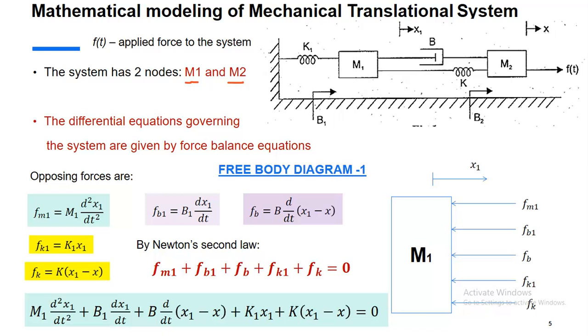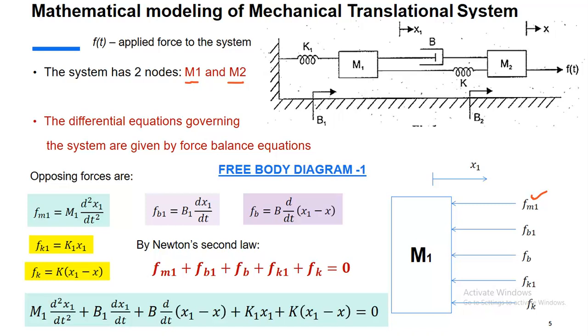For this particular mass, you have to consider all the elements which are connected with this mass. So you have M1, which will oppose some force, represented by F M1. All the opposing forces are represented by inward arrows. All the applied forces I am going to represent using outward arrows.